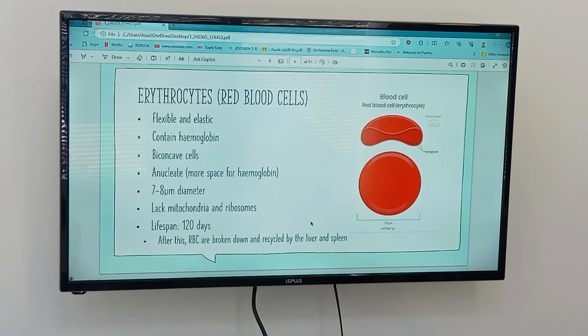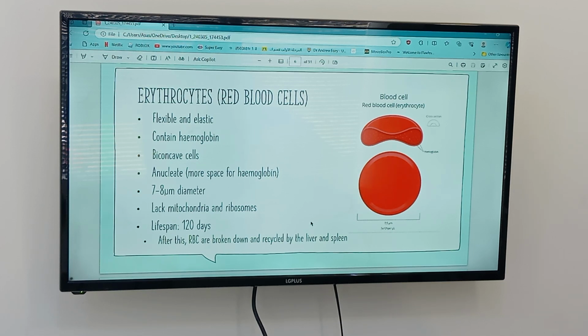This hemoglobin is very important for transferring oxygen, because it reacts with oxygen, so that the hemoglobin can transport the oxygen everywhere.